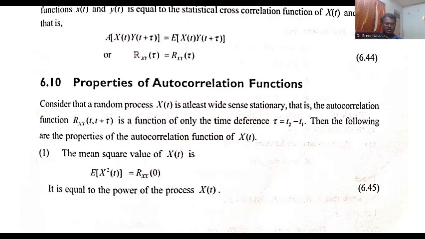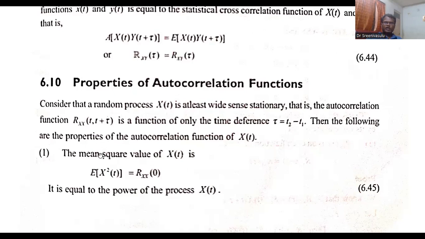We are going to see the relation between these two. Correlation means the same random process at different time instances. We are seeing the similarity between the two time instants. This tau is nothing but the difference between these two time instants, t2 minus t1.